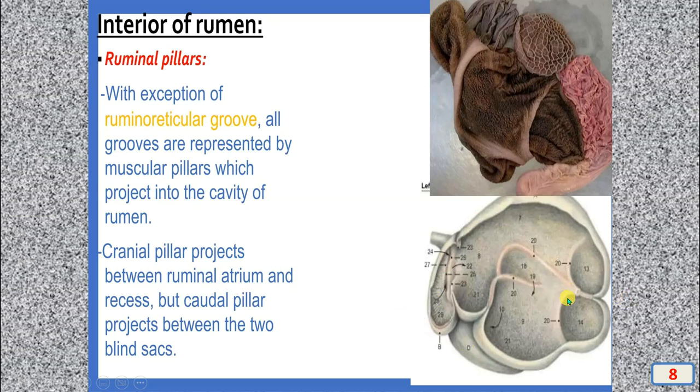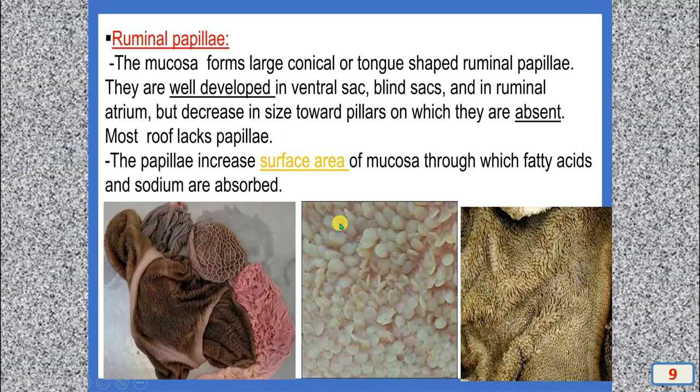The abomasum is not shown here, and you can see that this is the reticulum, which has a honeycomb-like structure, whereas the abomasum is glandular, and this turkey towel-like structure is the rumen, and the omasum has muscular folds of smooth muscle. The ruminal mucosa forms large conical, tongue-shaped ruminal papillae.